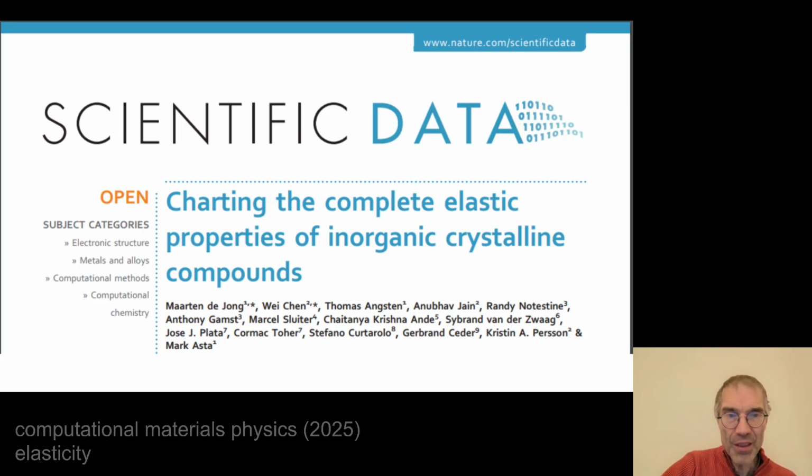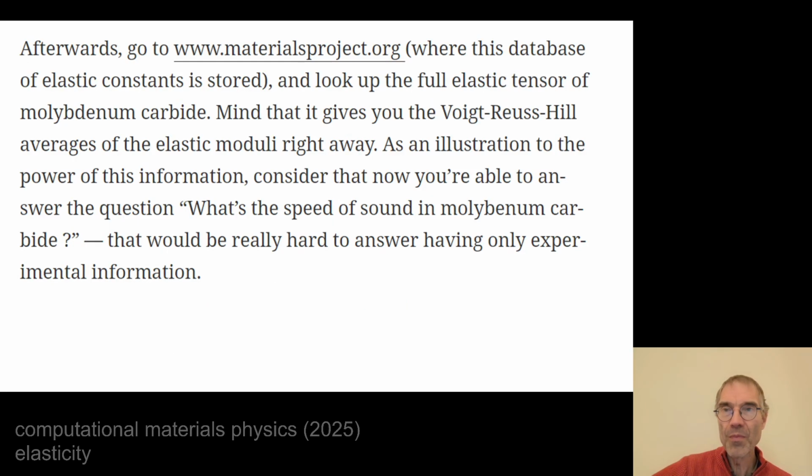And the paper that did one of these first surveys, where several thousands of crystals were calculated with a systematic procedure to get the elastic constants, was the one by de Jong that was mentioned a few slides ago. In order to illustrate this information from that paper that is also available in Materials Project, I asked you to look up the full elastic tensor of molybdenum carbide.